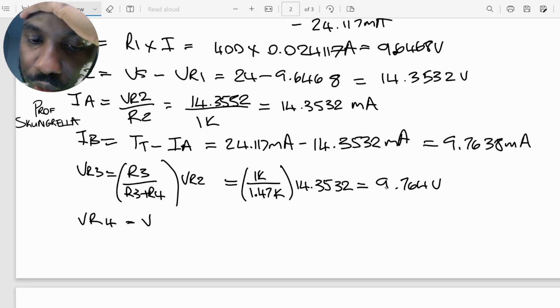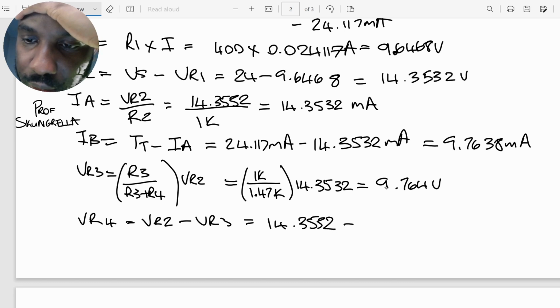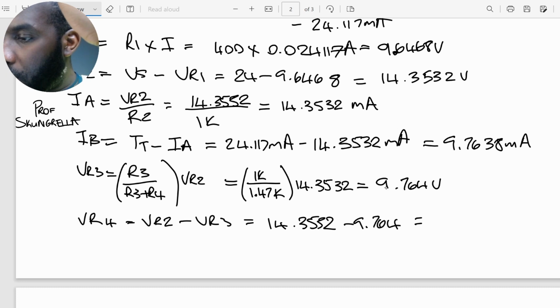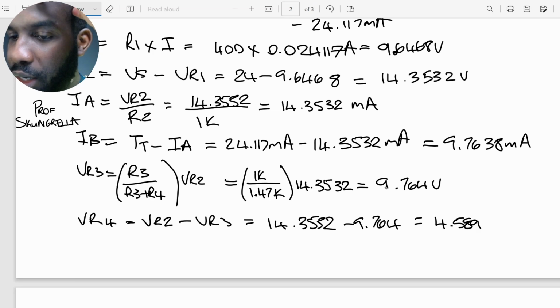Now we can find VR4, which is going to be equal to VR2 minus VR3, which is 14.3532 minus 9.764, which gives us 4.589 volts.